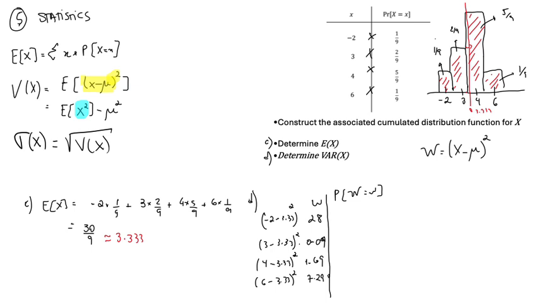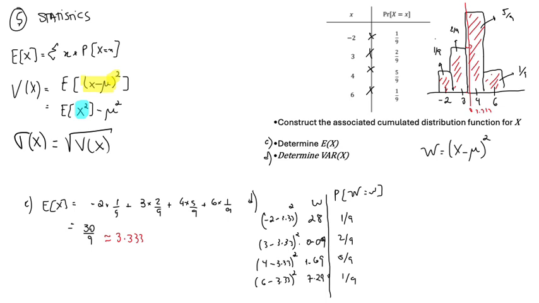So this will be a direct copy because I don't have ambiguity. The probability of W being 28 will only happen when X is minus 2, so the probability is 1/9. The probability of being 0.09 is when X is 3, and that's 2/9. So it's a direct copy, 5/9 and 1/9.